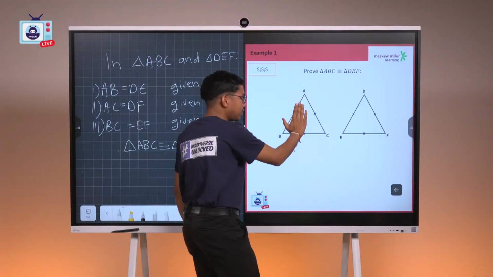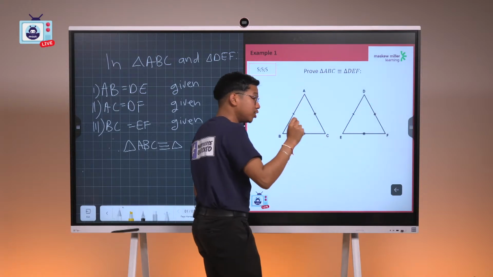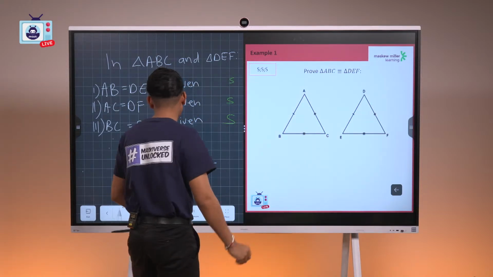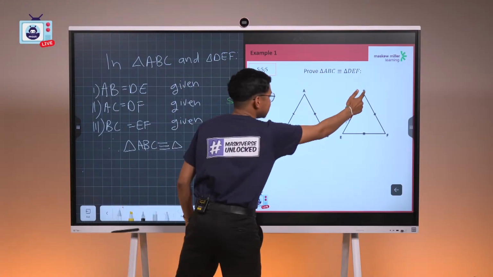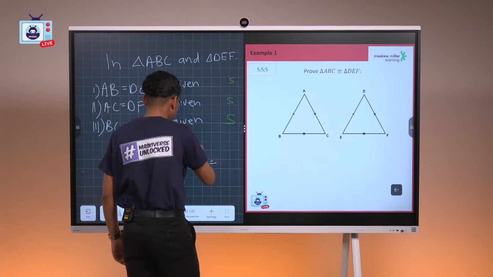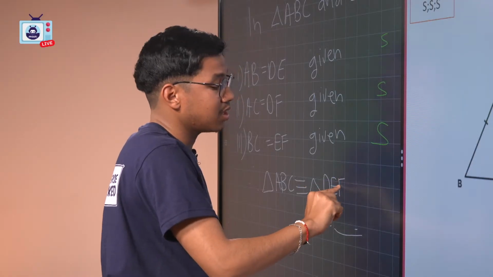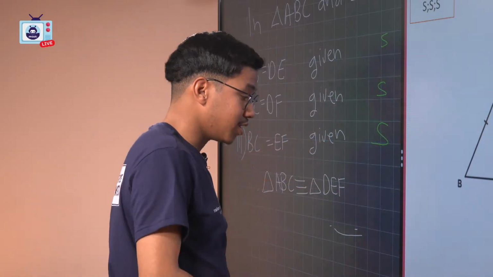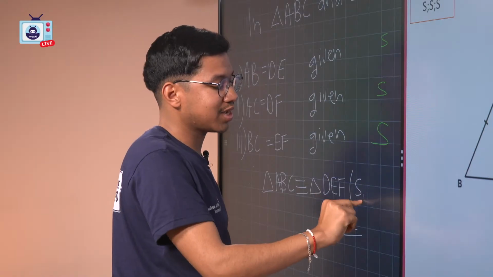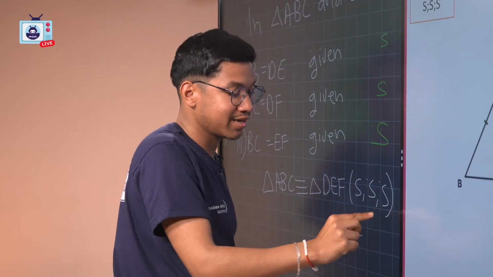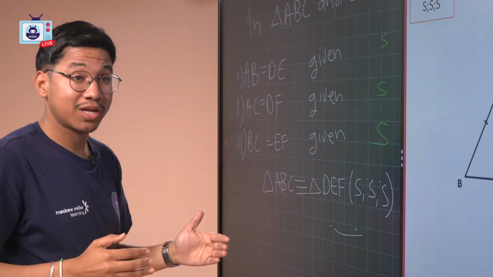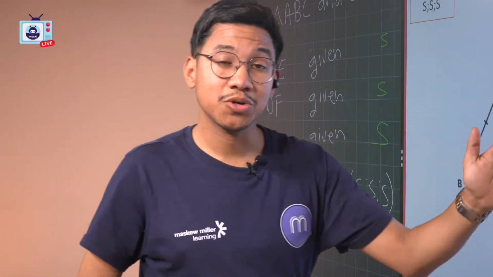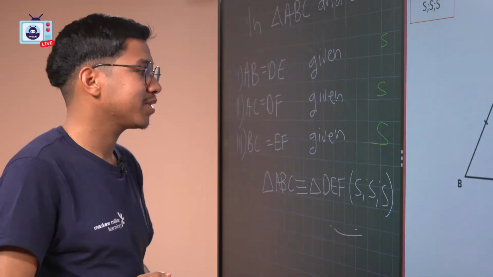If I take this triangle and put it on here, which angles or sides will correspond with each other? So ABC must be DEF. I'm not yet done. What case of congruency did I use? I used side, side, side. There we go. I have just proven that triangle ABC is congruent to triangle DEF.